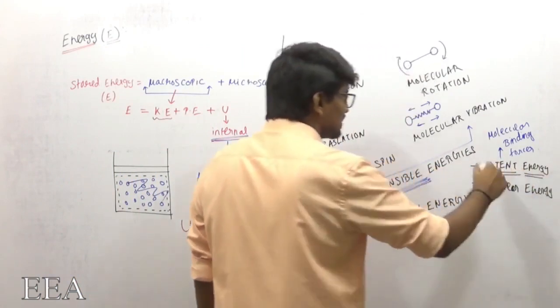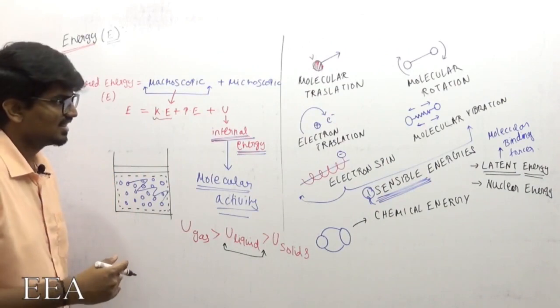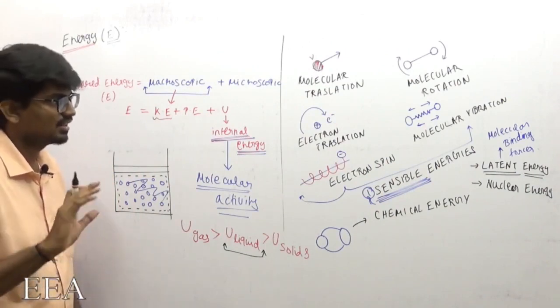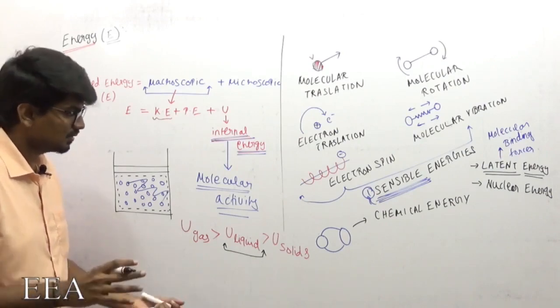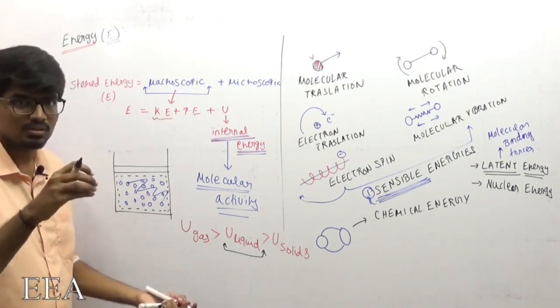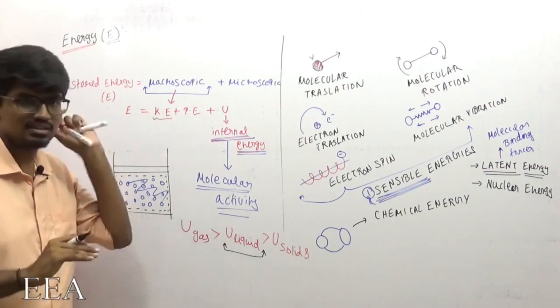We will talk about this again when we discuss pure substances, latent heat and sensible heat. So simply, the energy of the molecule associated with the phase change is latent energy.